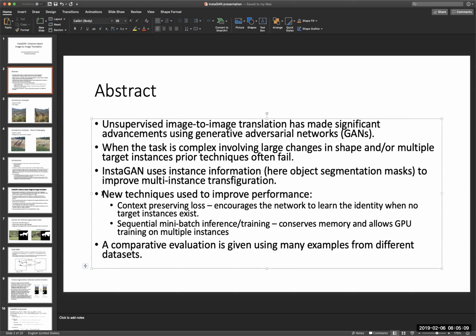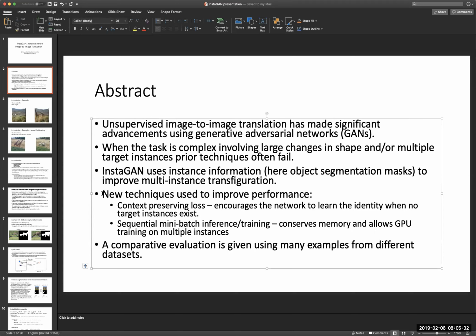So the paper develops some new techniques that they want to highlight, and that's the context preserving loss. And it encourages the network to learn the identity when no target instances exist.